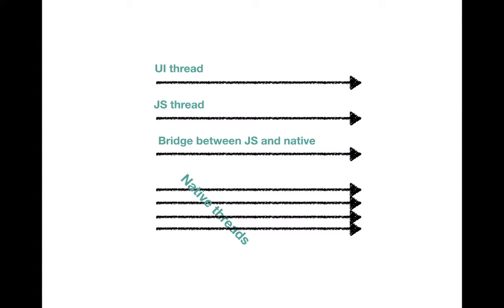React Native does nothing directly with the UI thread. Then we have the JavaScript thread, obviously, because React Native is a JavaScript tool, and half of it is written in JavaScript. More precisely, it's called JavaScript Core.